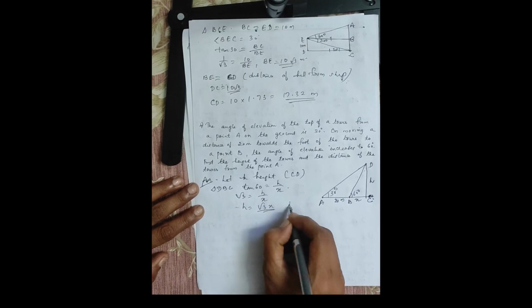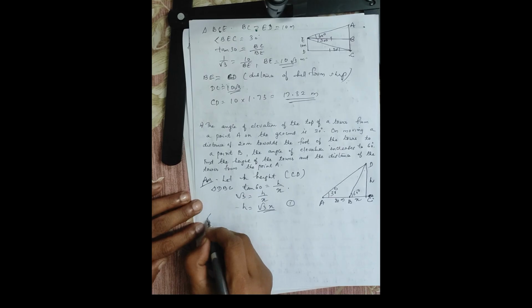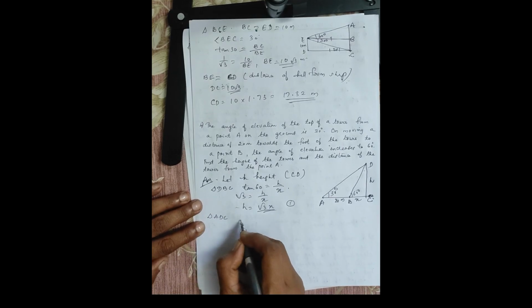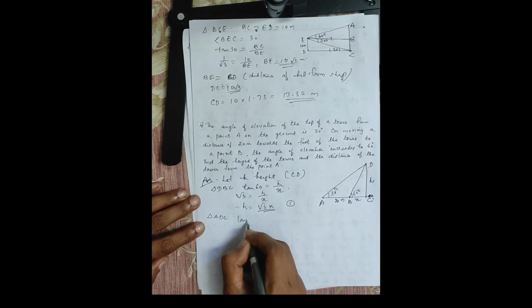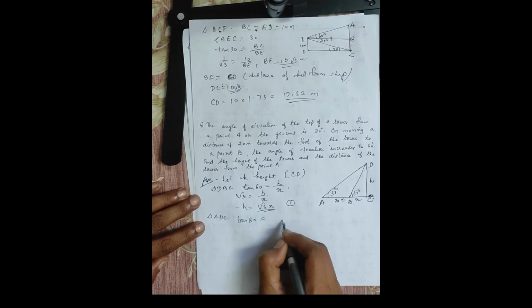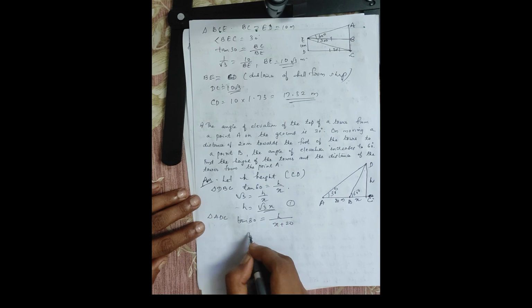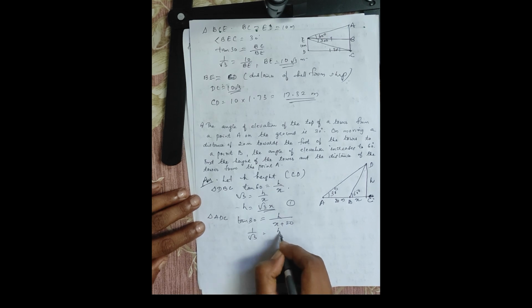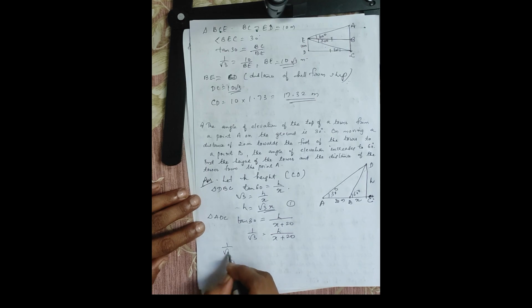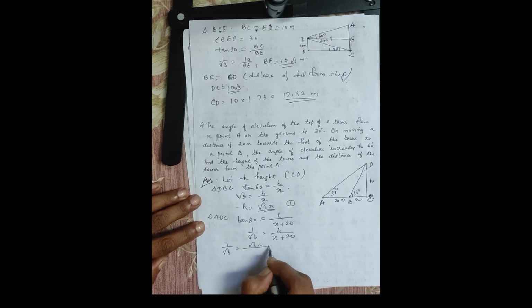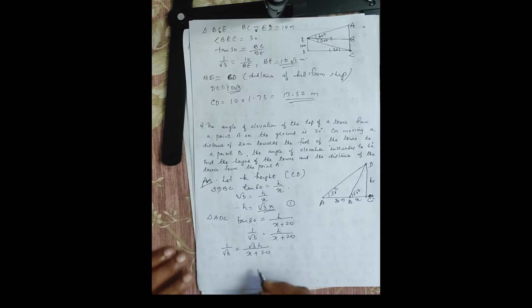We can substitute equation 1. And if we take angle ADC, tan 30 equal to h over x plus 20, that is 1 by root 3 equal to h by x plus 20. So instead of this h, if you take root 3x, so 1 by root 3 is equal to root 3x over x plus 20.